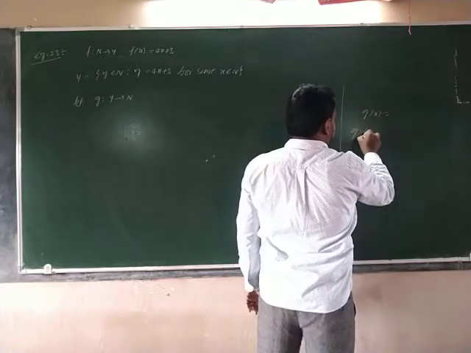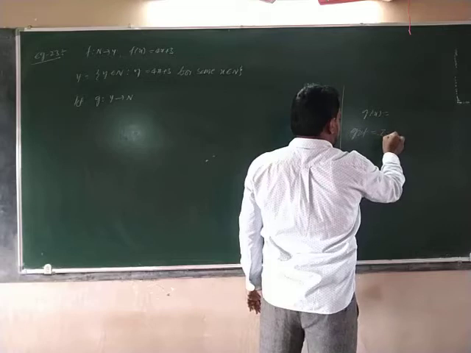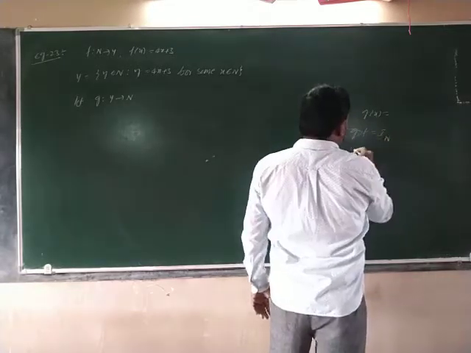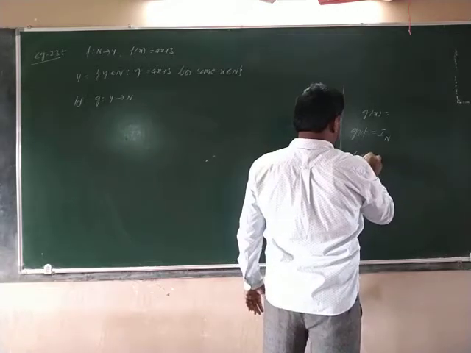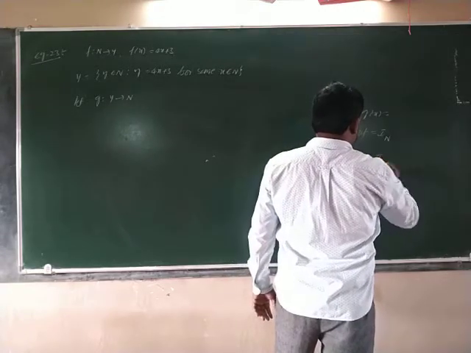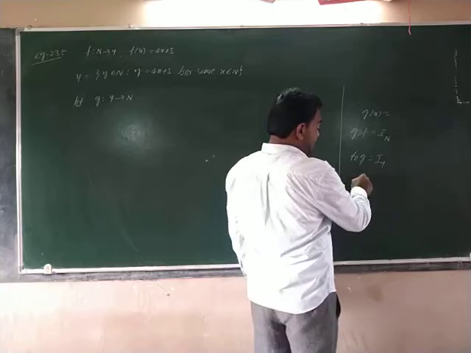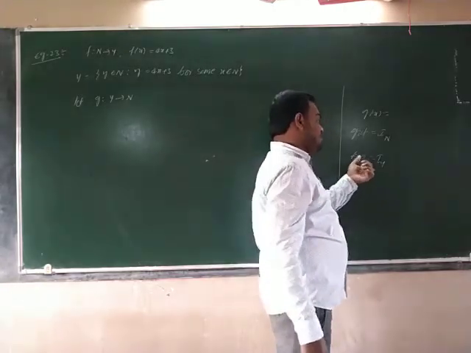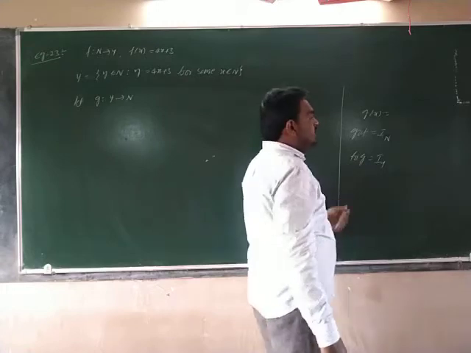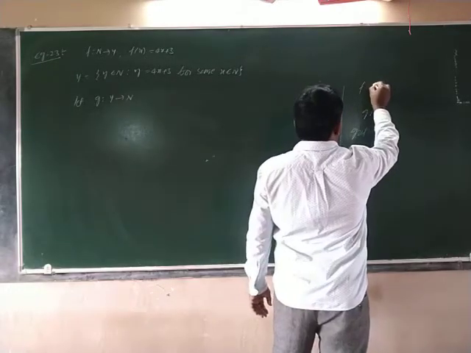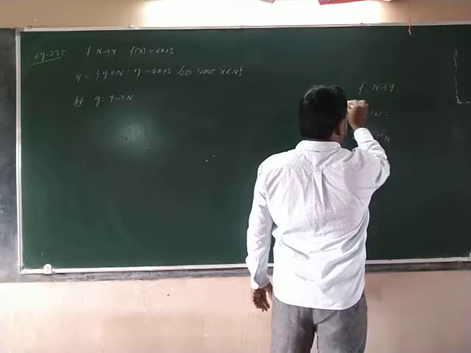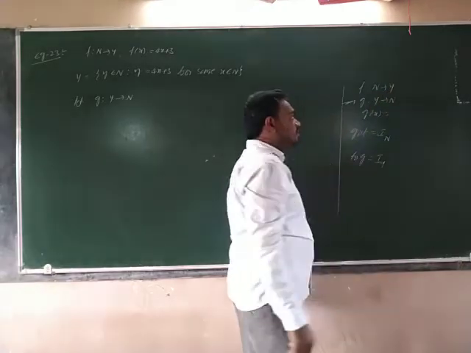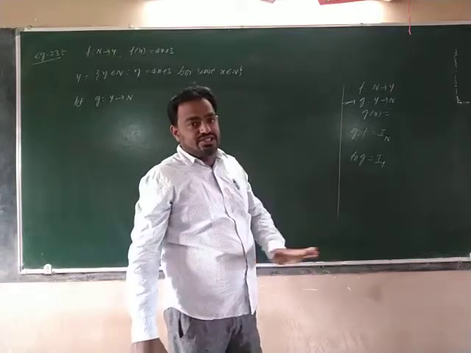Next I am doing g circle f is equal to IN and f circle g is equal to IY. Then f is an invertible function, and f inverse of x is equal to g of x. Here f is a mapping from N to Y, then definitely g is a mapping from Y to N only. Then the inverse of the function exists.